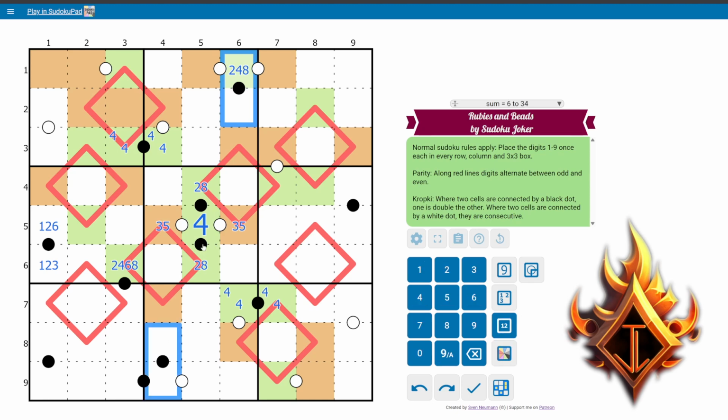A 4 would have to go there. Four would go there and there.